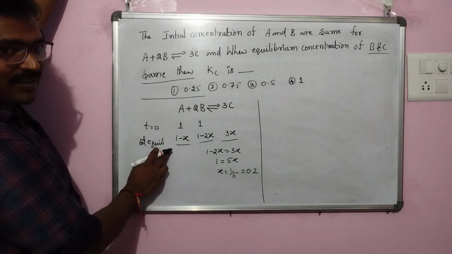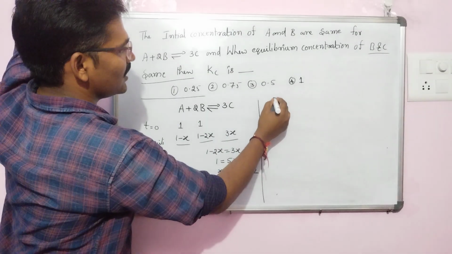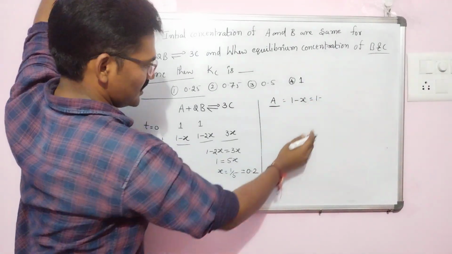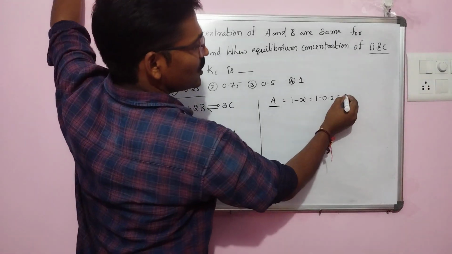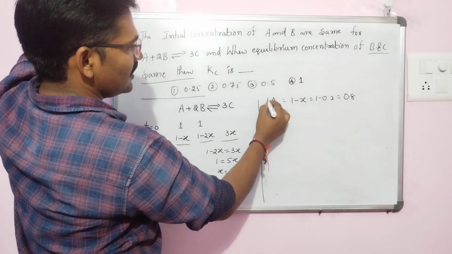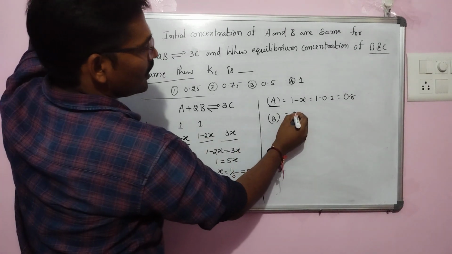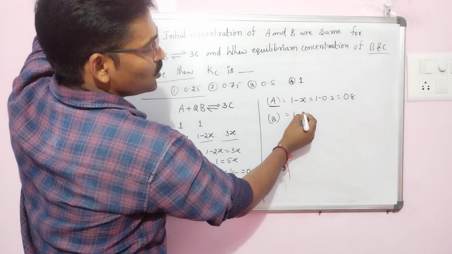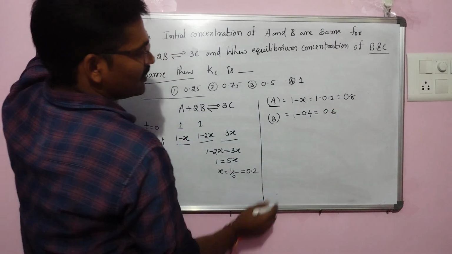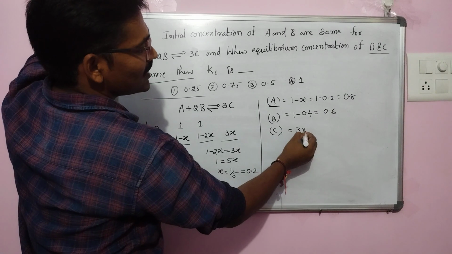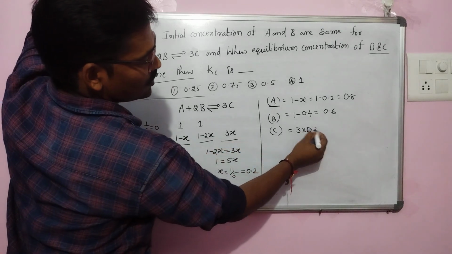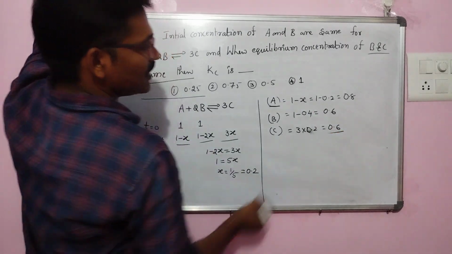For example, take the A concentration: 1 minus x, nothing but 1 minus 0.2, so you can get 0.8. Then the B concentration is 1 minus 2x, so 2 into 0.2 is 0.4, then 1 minus 0.4 gives 0.6. Then the C concentration equals 3 into x, with x as 0.2, so 3 into 0.2 is 0.6.